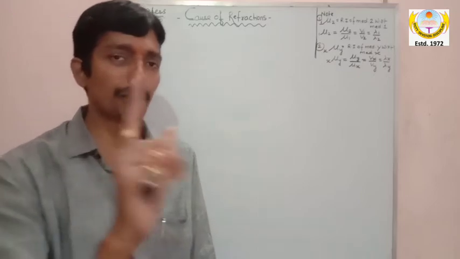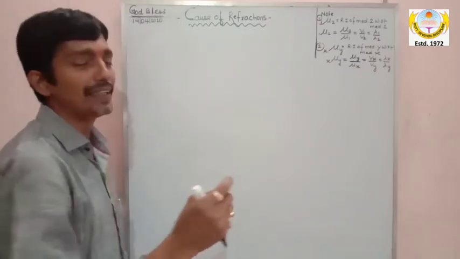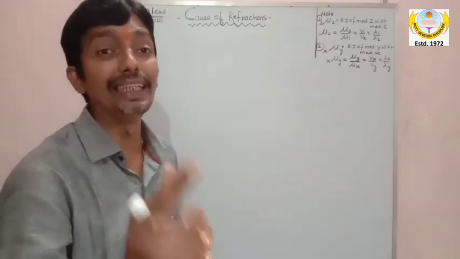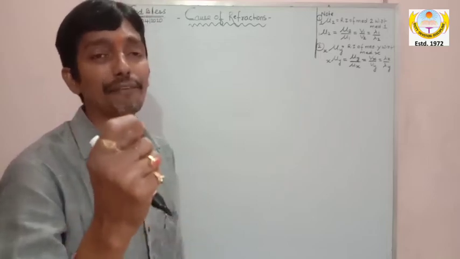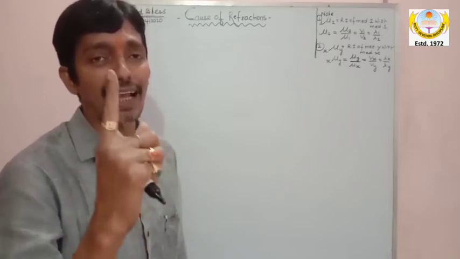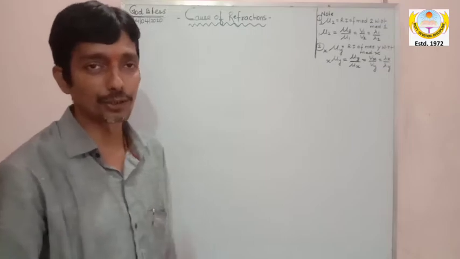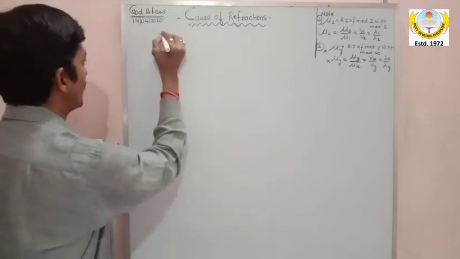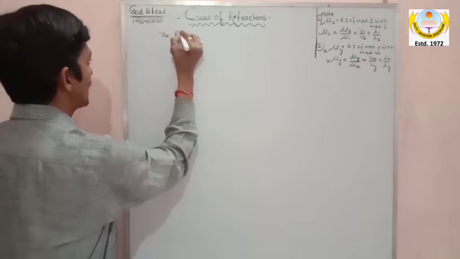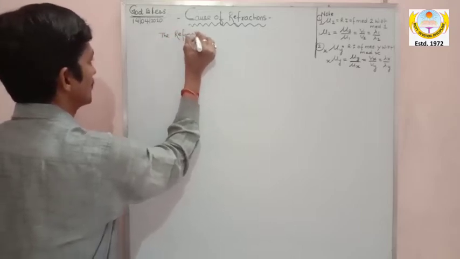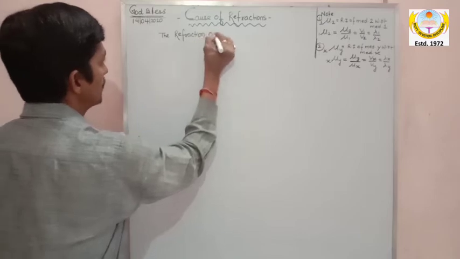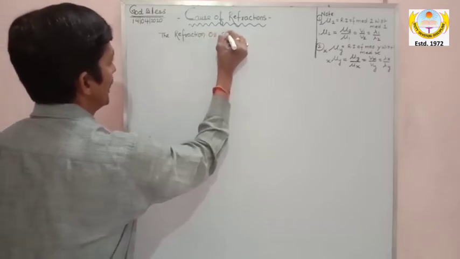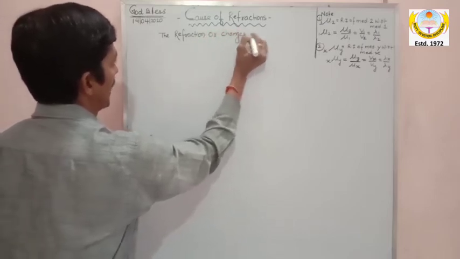Am I clear? So my dear, who causes the refraction? The change in the speed of light in different media causes refraction. So here, when I write the cause of refraction, I will write refraction or changes in the path of light.